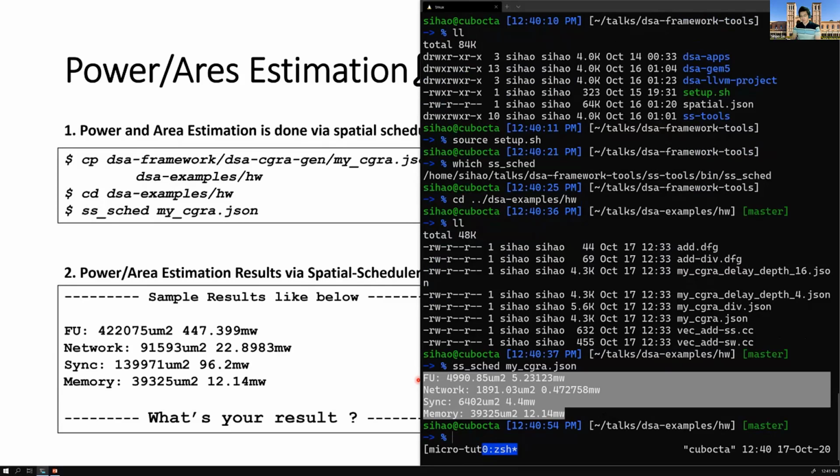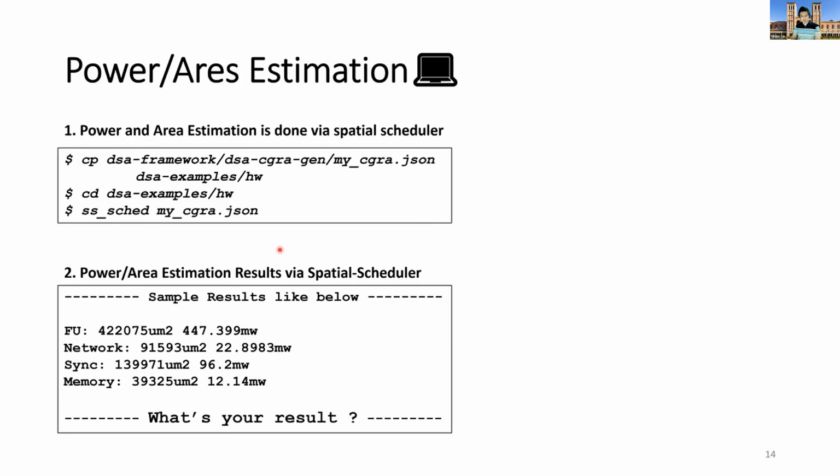What we do here is we synthesize each of the blocks many times, and we build an analytical model based on that. Maybe you can follow what I did, and you might have your own result, or you can try other JSON files under that directory.